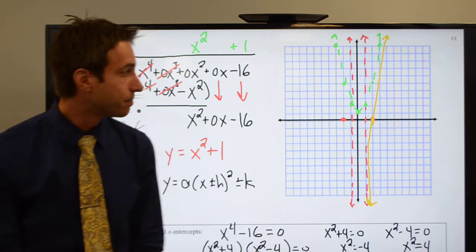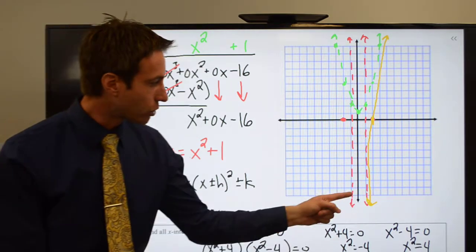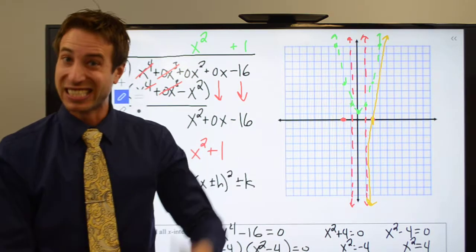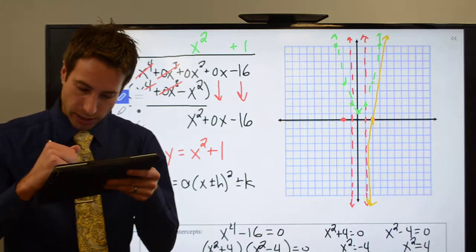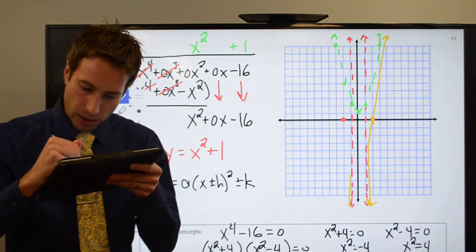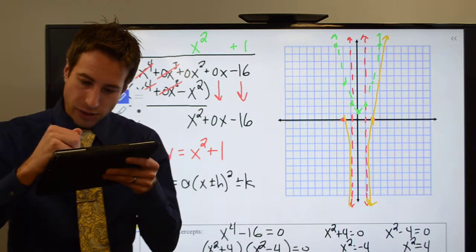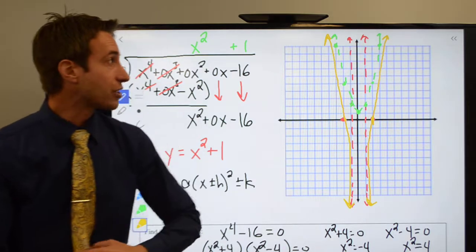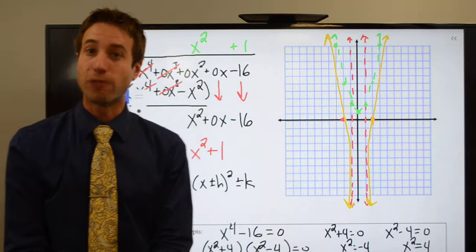Right like that. And the only way I can get really close to this line and really close to that line and go through that point is if it's kind of the mirror image on the other side and goes like this.